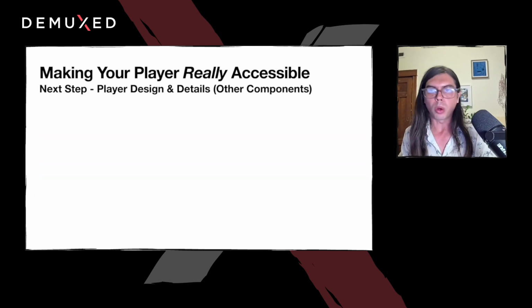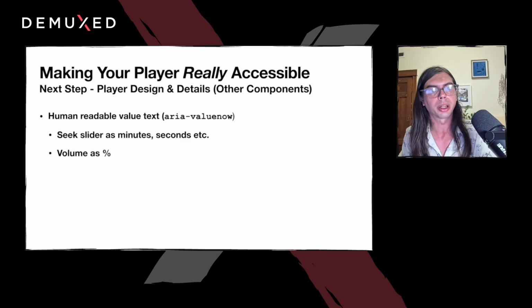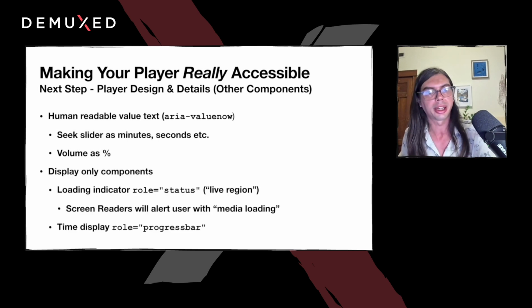That's sort of one deep dive into this, but there are some other components that we've been exploring and implementing along similar principles. For example, we wanted to make sure that we added some human readable value text for things like the seek slider, representing it as minutes, seconds, etc., and that the volume is represented as a percentage. We also added some display only components, such as making sure that the loading indicator is actually a live region.